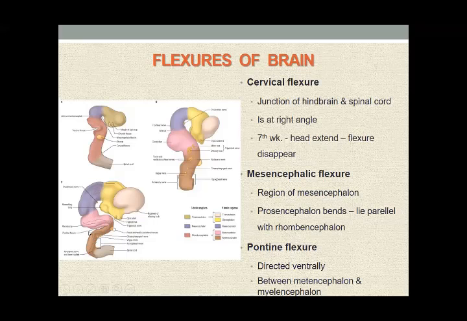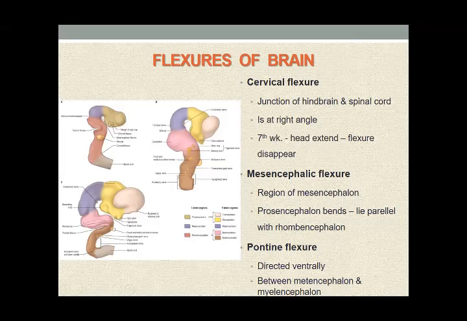Sorry if I said any differently earlier. This blue is the mesencephalon, midbrain. Pink is metencephalon. Brown is myelencephalon. They are both parts of rhombencephalon. Cranially, this is yellow, diencephalon, and white is telencephalon.